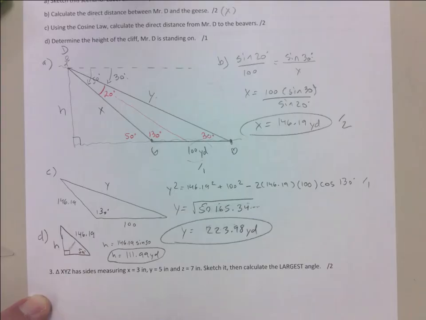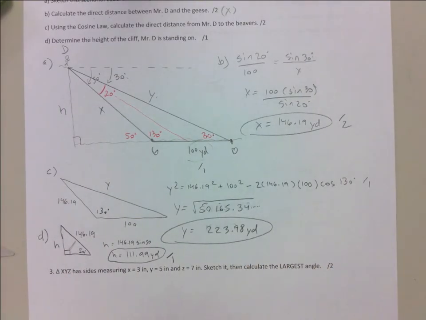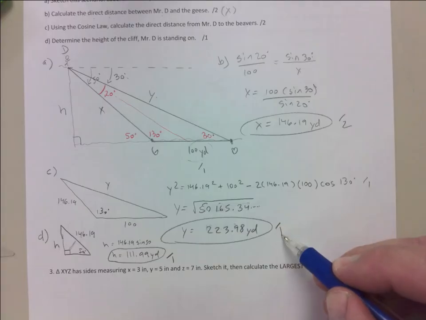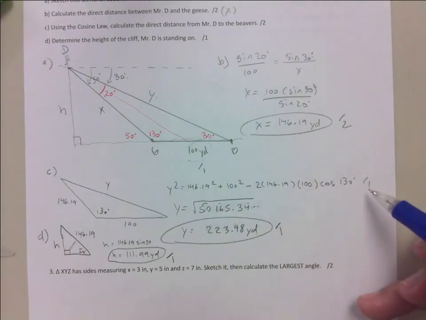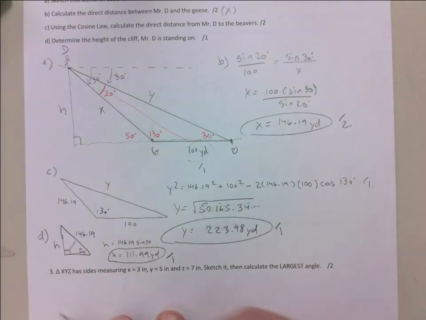If your answer is off because of that, don't worry about it. In fact, rounding is the least of my problems today, or least of your problems as well. We don't worry about that today. 1 mark there, and 2 marks for the cosine law before. Sorry, I forgot to mention it. So 1 for correct substitution, 1 for correct final answer. We didn't do 3.